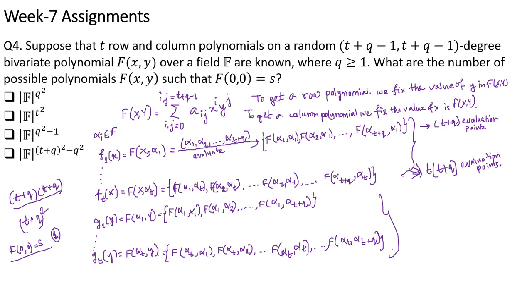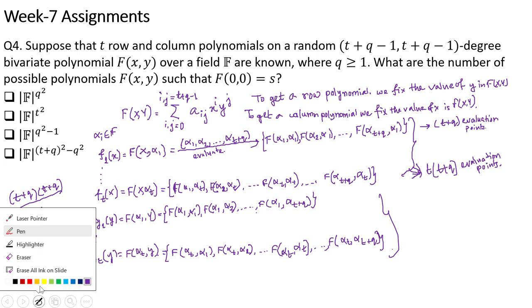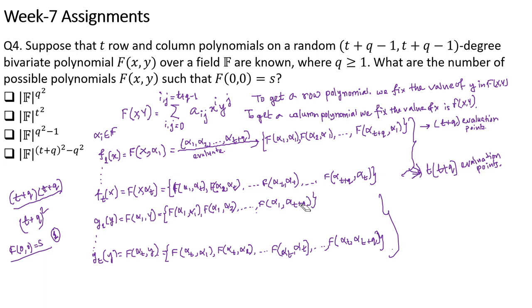These points we have already seen from row polynomials. But after alpha 1 comma alpha t, all the values starting from f of alpha 1 comma alpha t plus 1 till alpha 1 comma alpha t plus q, these q values, so maybe I can rewrite that.